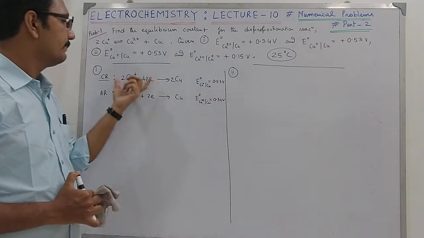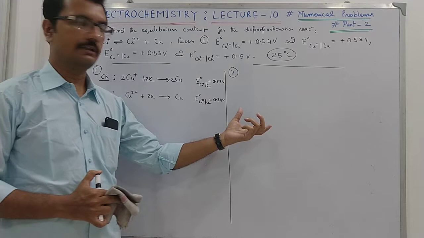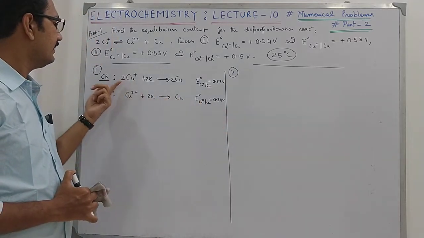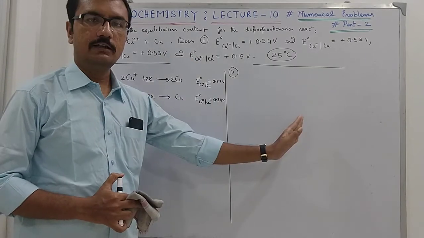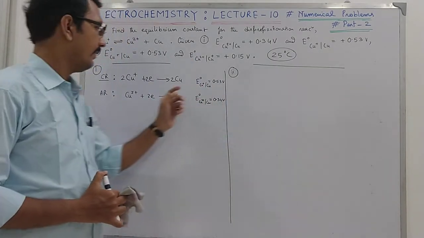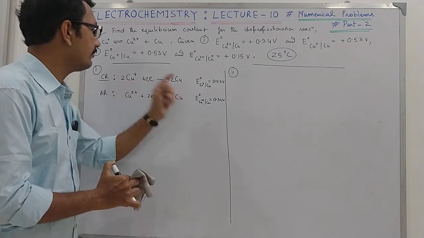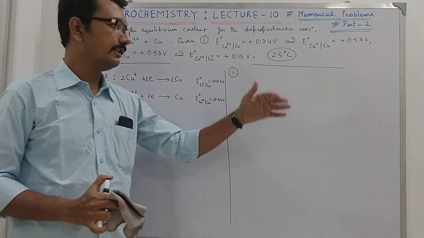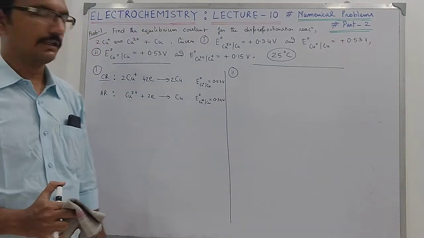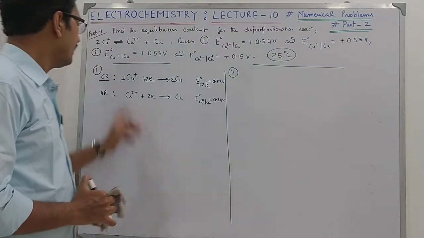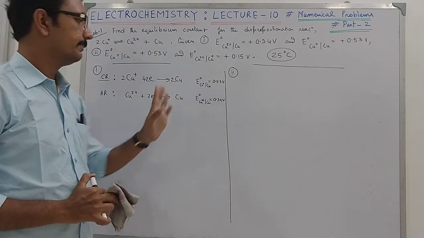You cannot control nature in that way. If you are writing here Cu+ + e- → Cu, and that cell is giving some voltage, say X, and you just write on the paper 2Cu+ + 2e- → 2Cu, then it has started giving another voltage. That is unacceptable. So this multiplication will not be carried forward to this potential. This will remain the same.